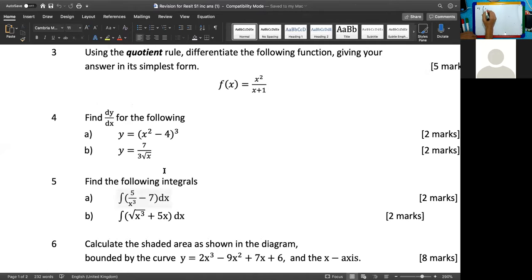The first thing is you can say 5 over x cubed. So can I write 5 x raised to the power minus 3 if I move up? You're lagging. It's lagging for me. Today's net is slow.